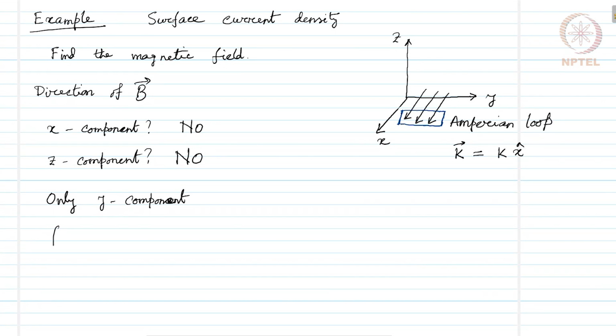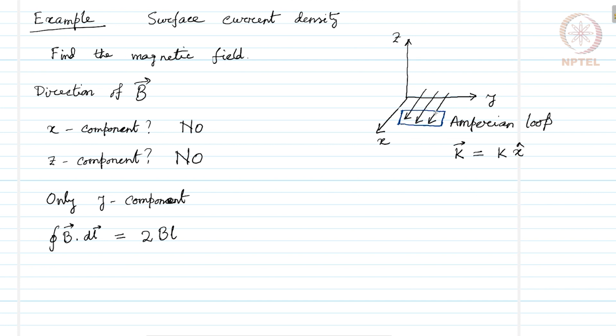we can write down integration over a closed line B dot dl on this Amperian loop equals twice BL, because the direction of B will also flip depending on whether we are above the xy plane or below the xy plane, because the direction of r cap will change depending on whether we are above the xy plane or below the xy plane.